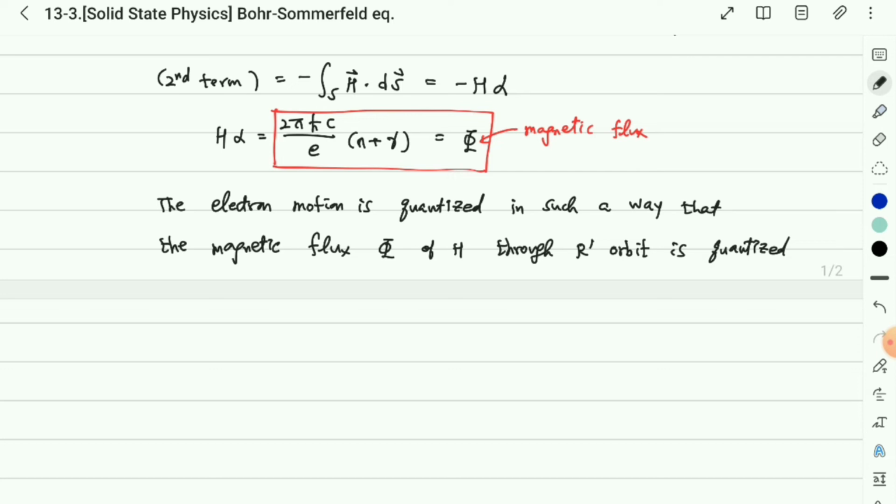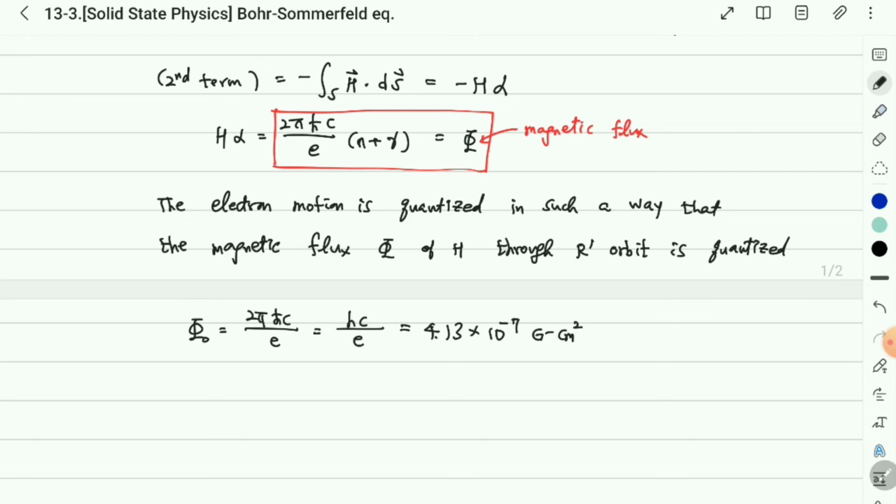The quantized magnetic vortex, we call it the magnetic flux quantum, is 2 pi h bar c over e, or hc over e. Then it is 4.13 times 10 to the minus 7 Gauss centimeter square.